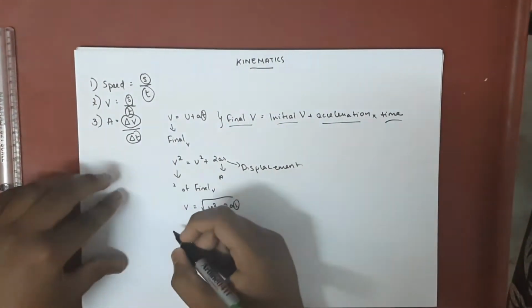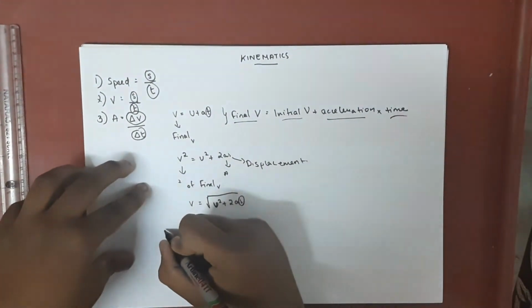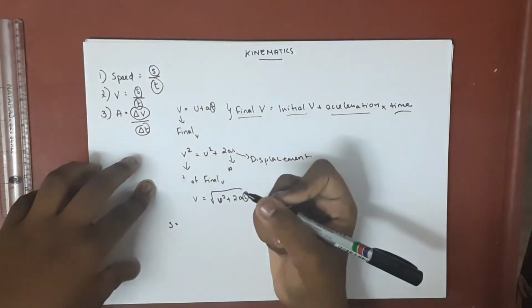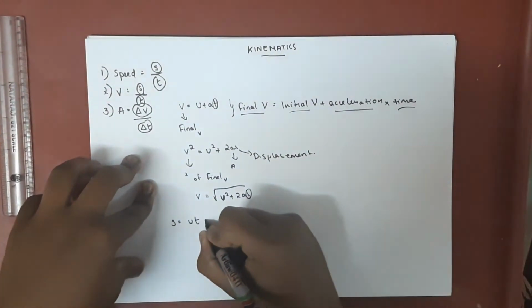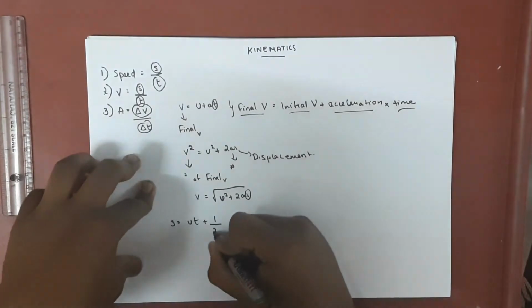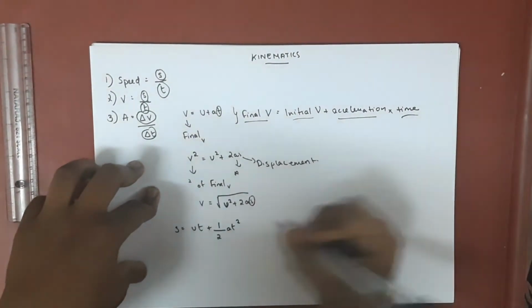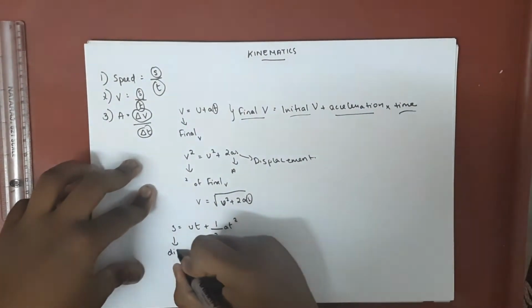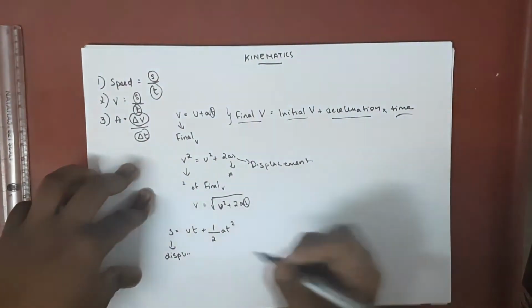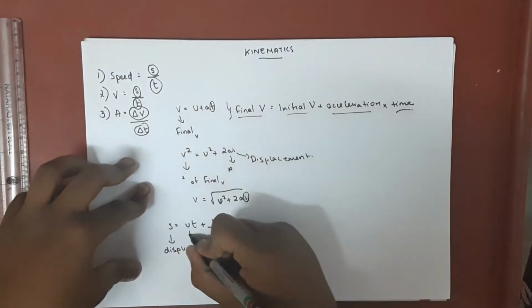Now, let's look at one expression we have for displacement. s is equal to ut plus 1 by 2 at squared. I think, as you know, this is displacement. This is the initial velocity.